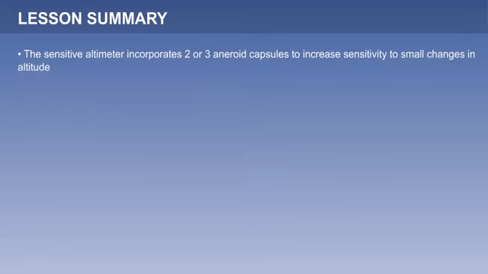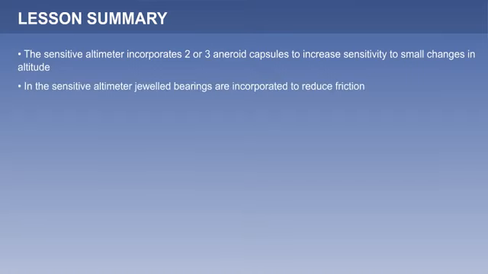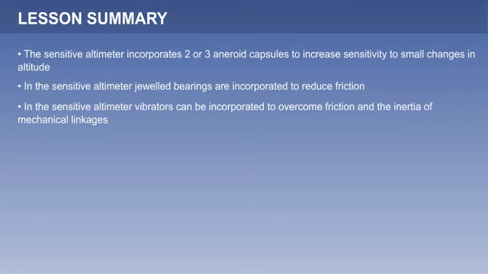The sensitive altimeter incorporates 2 or 3 aneroid capsules to increase sensitivity to small changes in altitude. In the sensitive altimeter, jeweled bearings are incorporated to reduce friction. In the sensitive altimeter, vibrators can be incorporated to overcome friction and the inertia of mechanical linkages.